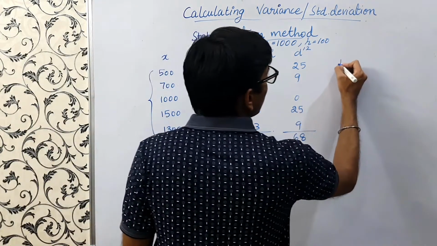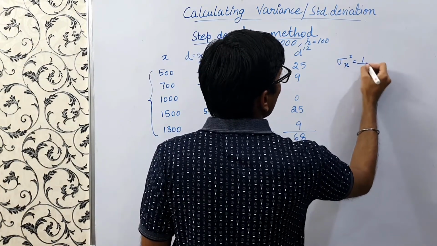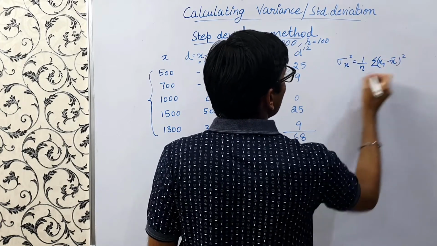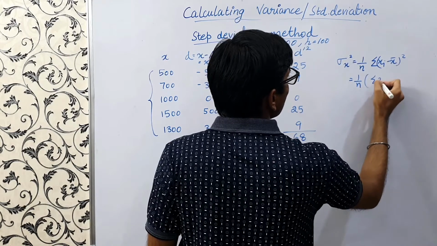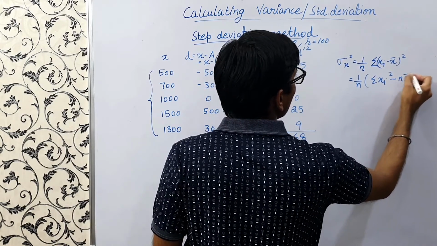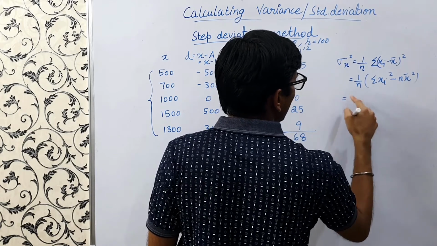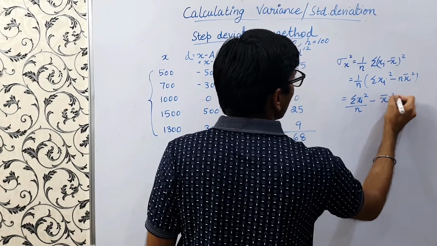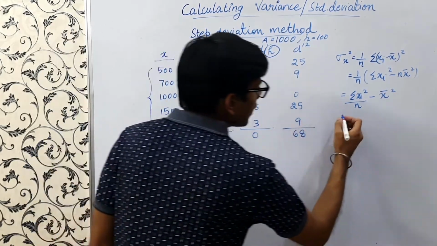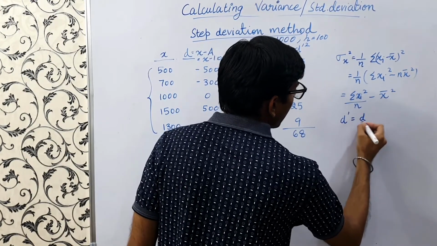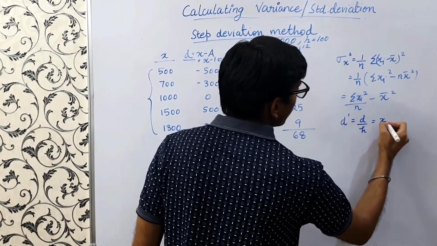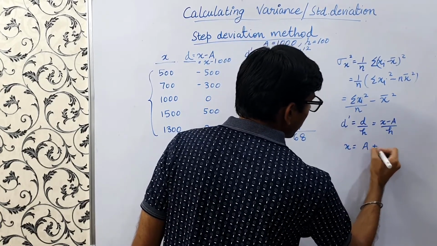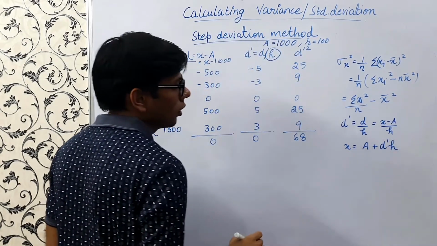So now sigma x square is nothing but 1 upon n summation xi minus x bar whole square, which is nothing but 1 upon n summation xi square minus n x bar square, or summation xi square by n minus x bar square. So if we see here, d dash equals d by h equals x minus a by h. So our x is nothing but a plus d dash h, right?